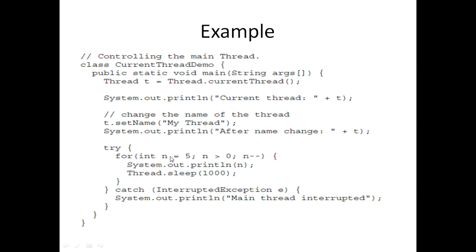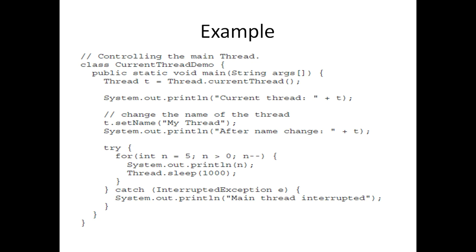Then we have given one task to this main method: the display of the numbers from 5 to 1. Once one number is displayed, we are telling that thread to sleep for 1000 milliseconds, nothing but 1 second.